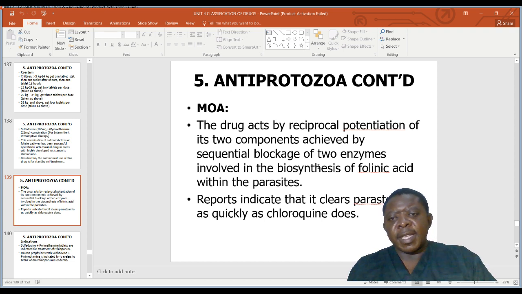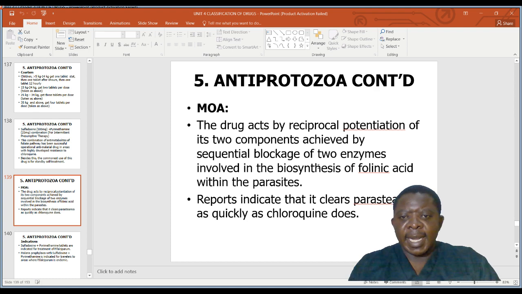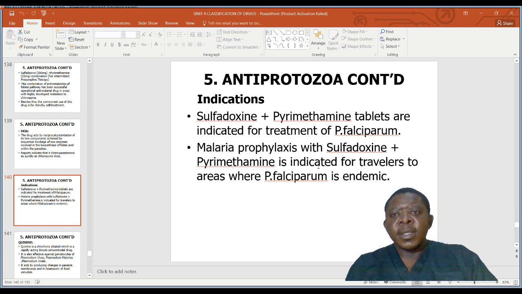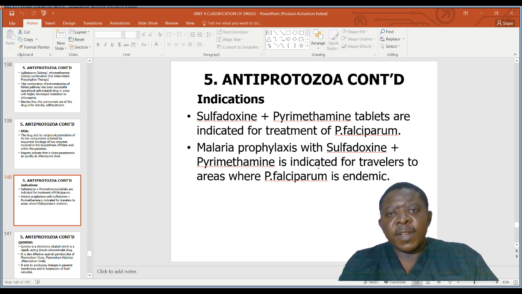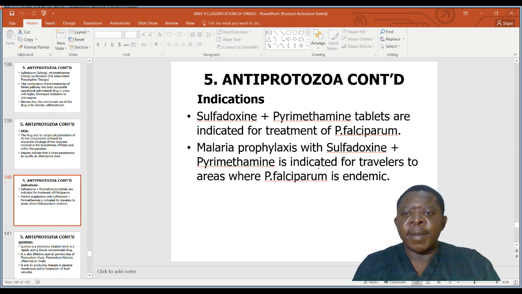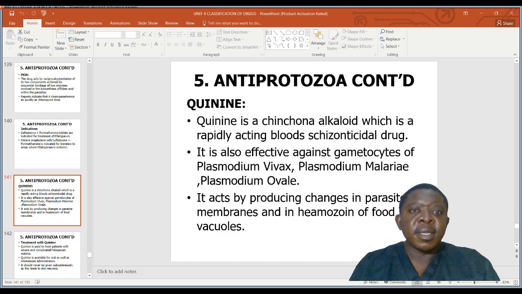Reports indicate that it clears parasitemia as quickly as chloroquine does. So Fansidar or sulfadoxine-pyrimethamine tablets are indicated for treatment of falciparum malaria. Prophylaxis with sulfadoxine-pyrimethamine is indicated for travelers to areas where malaria is endemic.